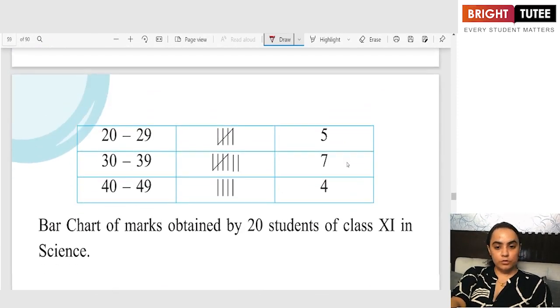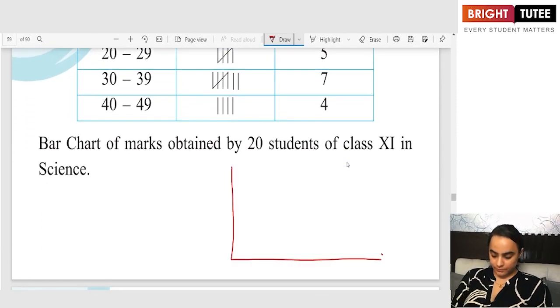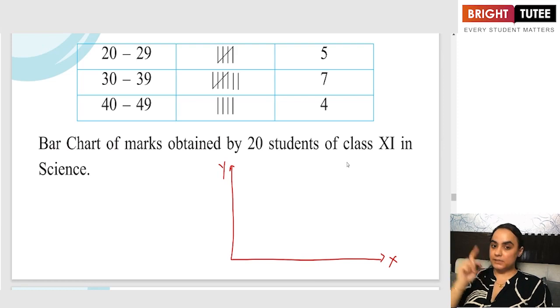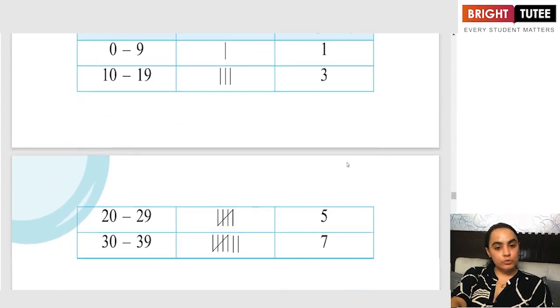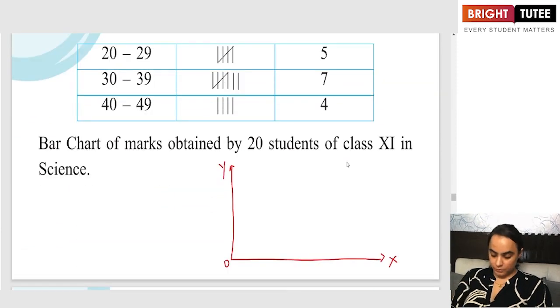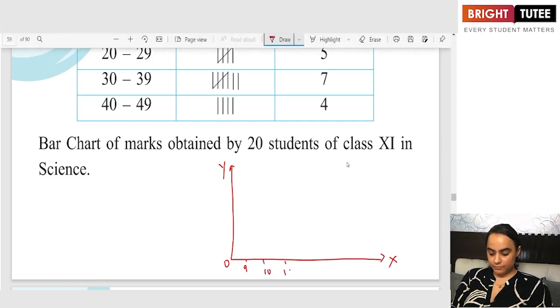So, you are going to do it. This is your x-axis, this is your y-axis. Remember, numbering your axis is very important. 0 is my origin. My first class interval was 0 to 9. Then was 10 to 19.